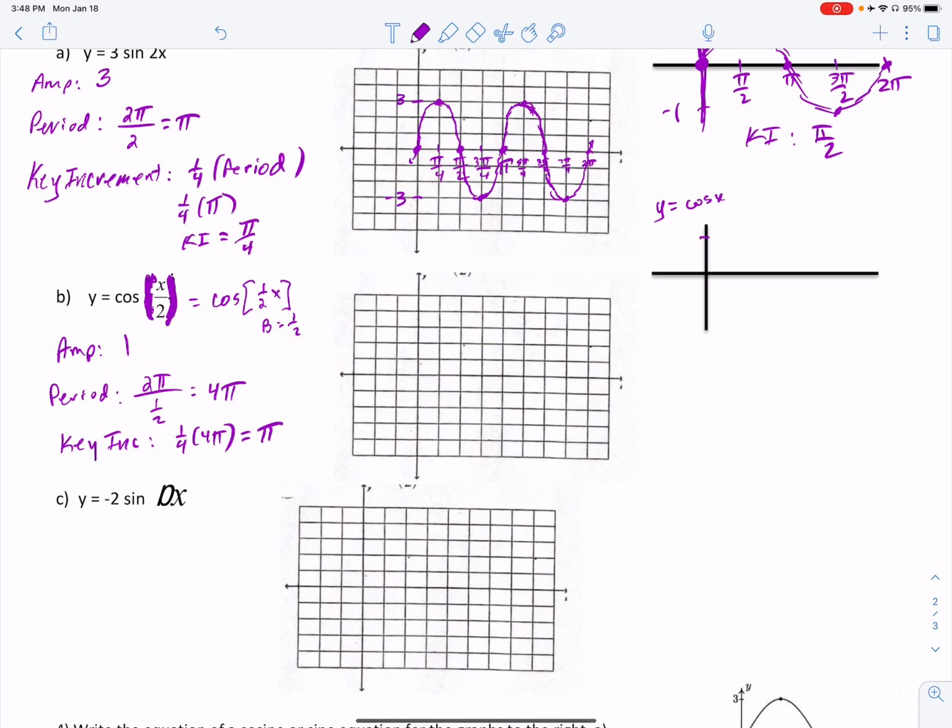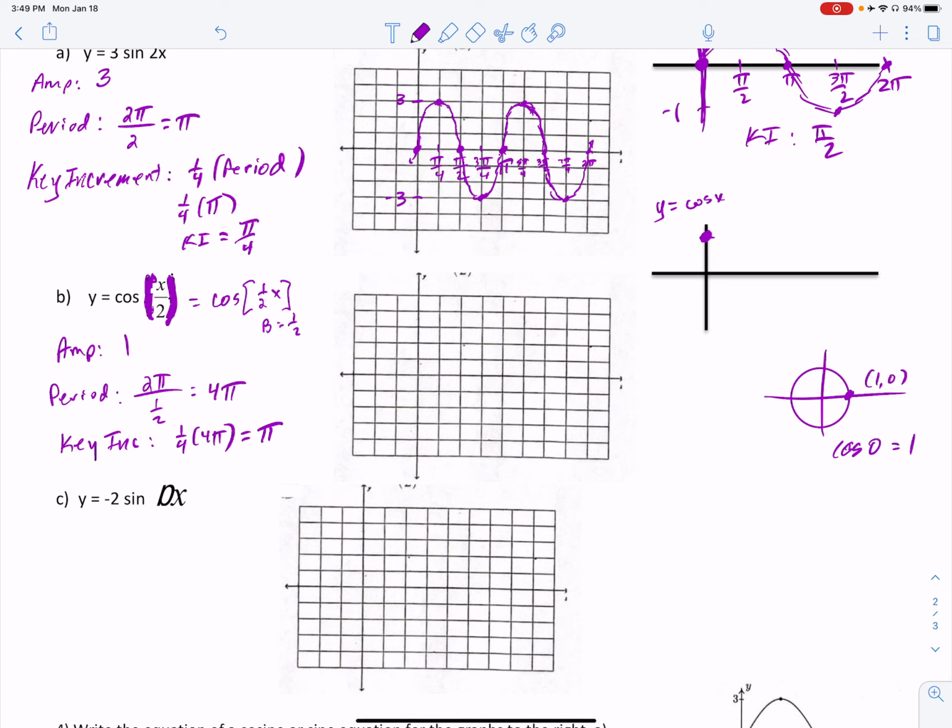And remember that cosine starts at 1 because on that unit circle, this first point is (1, 0), and the x value of that is the cosine of 0 degrees. And so the cosine of 0 is 1.